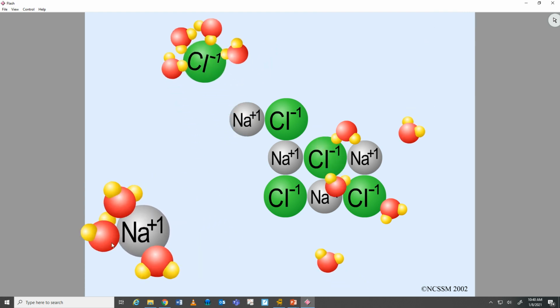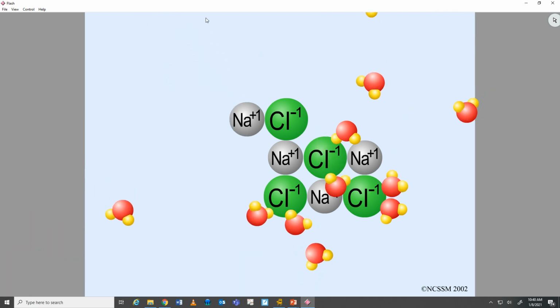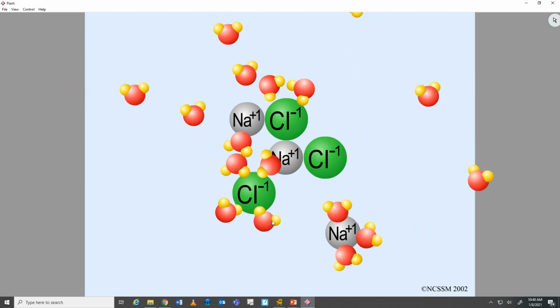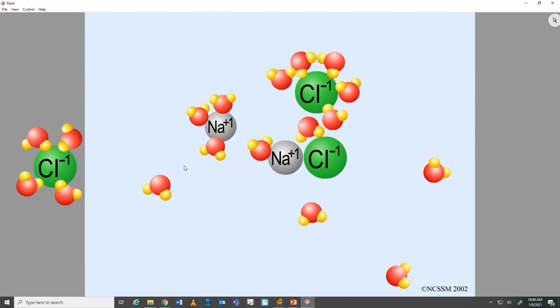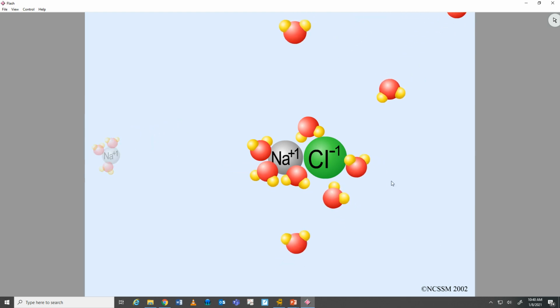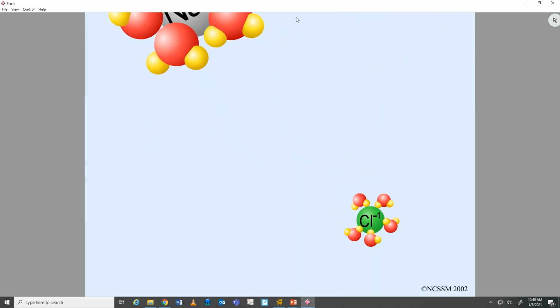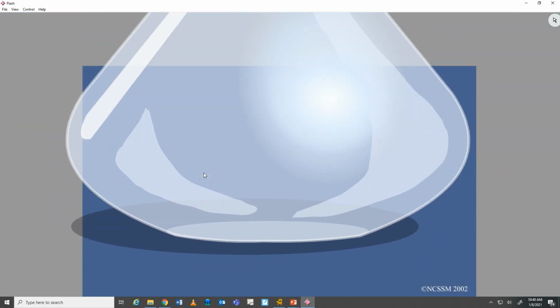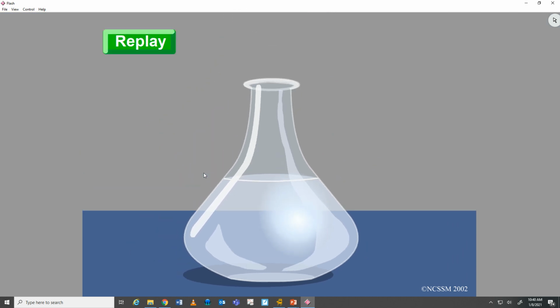You'll also notice that the red side, the oxygen side of the water, should be grabbing onto the sodiums, and the yellow side should be grabbing onto the chlorines or chlorides. There is one that is wrong in this animation, but the hydrogens go towards the negatives and the oxygens go towards the positives. And what you end up with is a salt solution that has ions floating around in it. And because of that, this solution is called an electrolyte. Why? Because it can conduct electricity. You have charges that can move around.